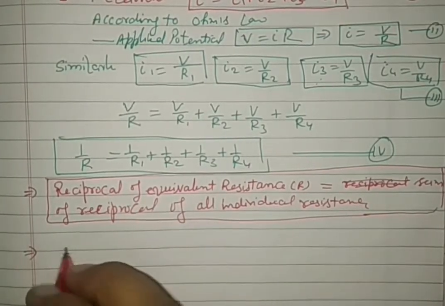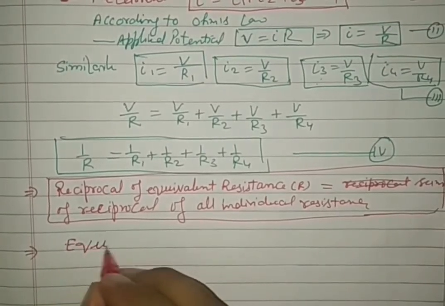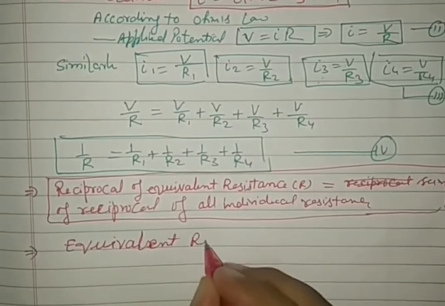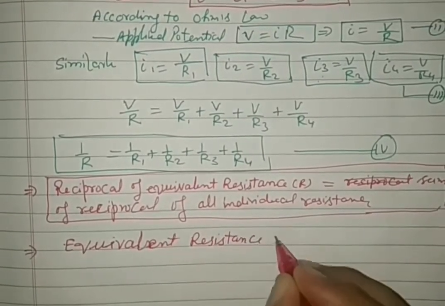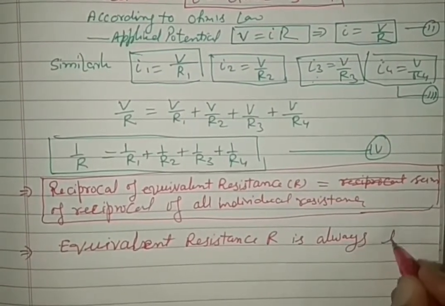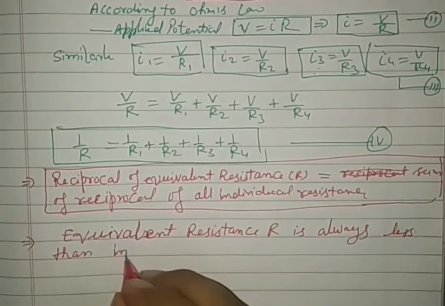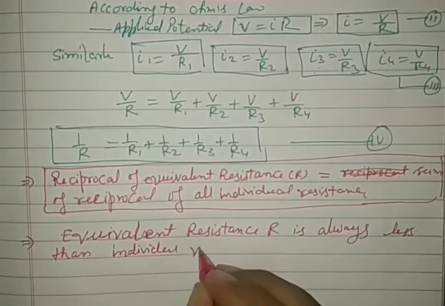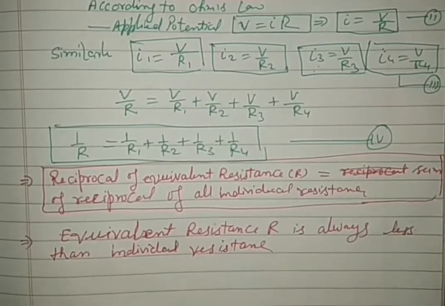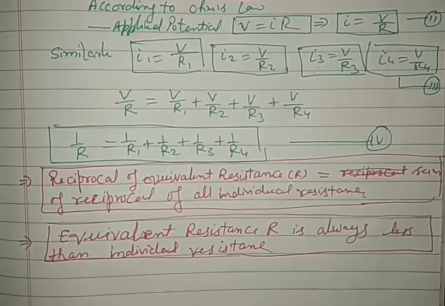So we may write: equivalent resistance R is always less than individual resistance. So see that this is an important point in the conclusion.